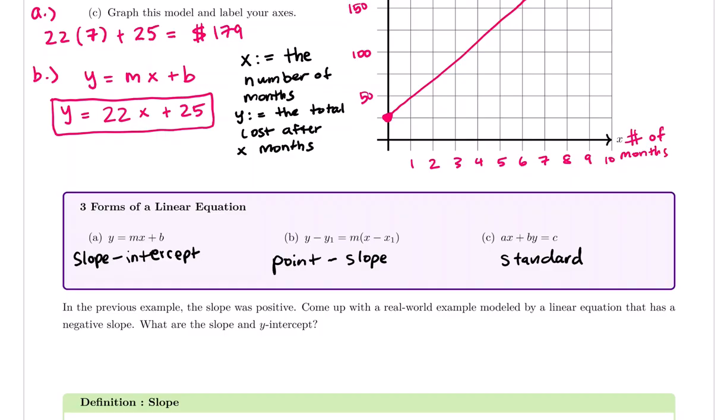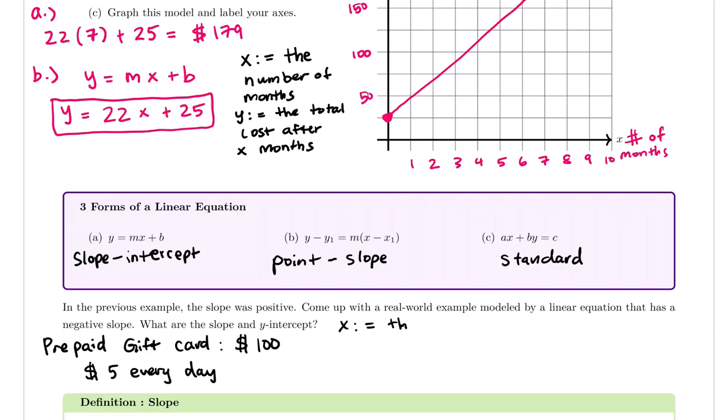So there's a lot of different things we could come up with together. Let's say you buy a prepaid Visa gift card and you put $100 on it, and then every single day after that you spend $5 on some kind of dessert or snack. And so in this case, we would come up with our input variable x. We could say x is equal to the number of days that pass.